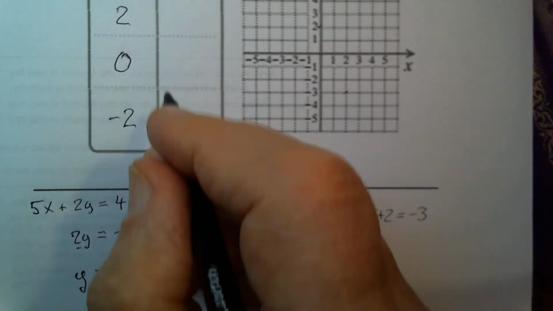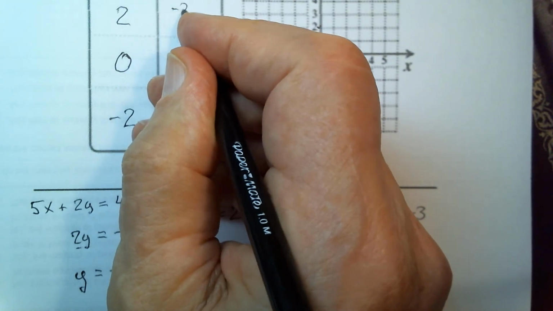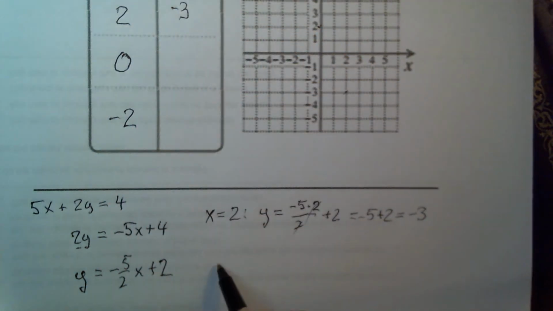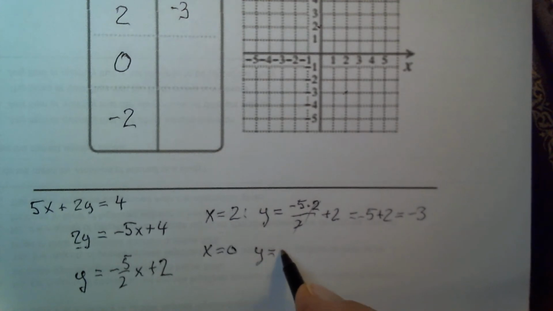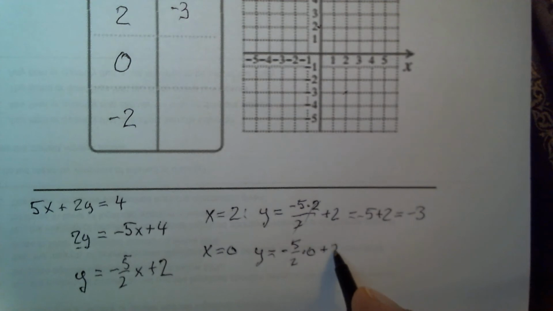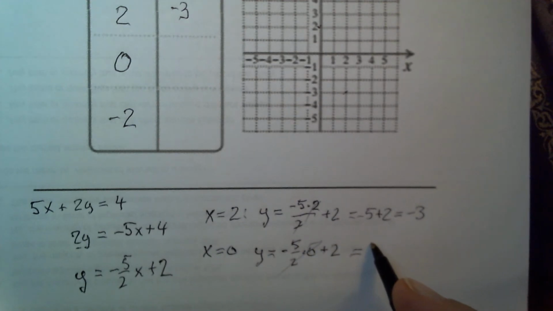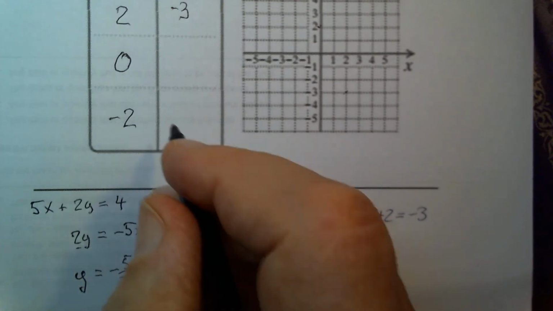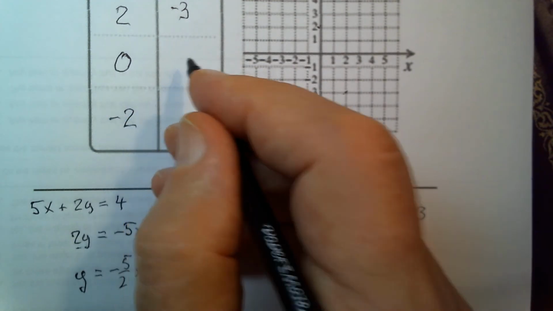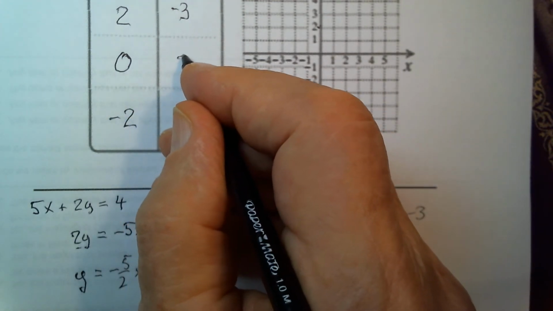So y equals minus 3 when x equals 2. Now for x equals 0, y equals minus 5 divided by 2 times 0 plus 2. Well, this term is 0. So in other words, y equals 2. So when x is equal to 0, y is equal to 2.